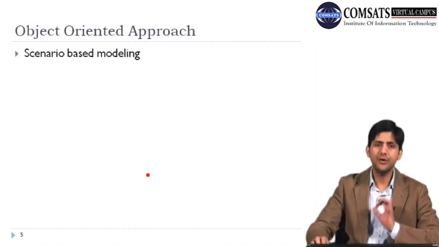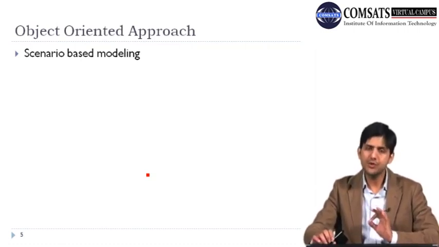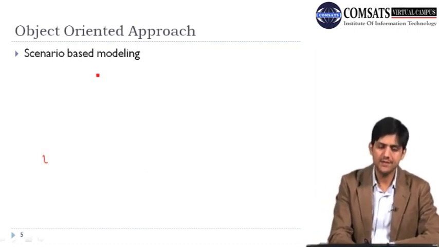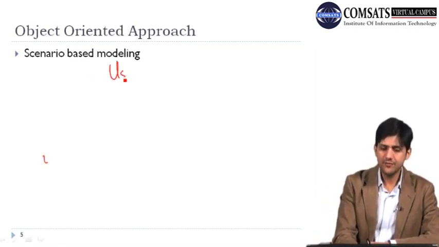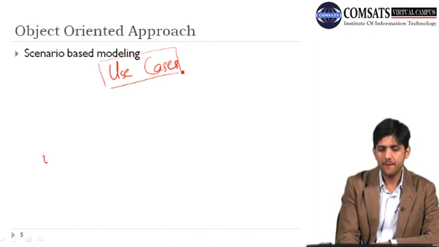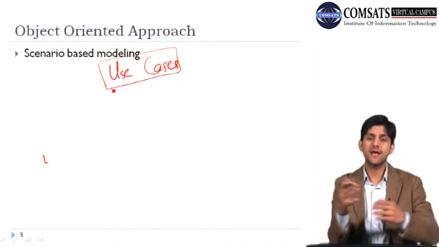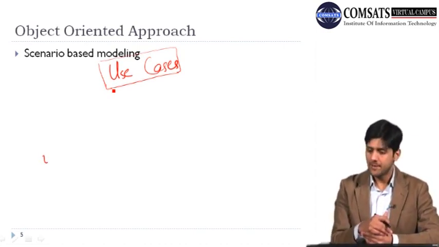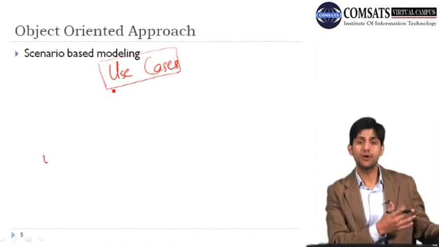The first thing that we talked about within this object-oriented approach of analysis was scenario-based modeling. Within scenario-based modeling, we said that the first thing we can do is make use cases. As we talked about earlier during elicitation as well, they are a very useful way of understanding the system from the user's point of view.